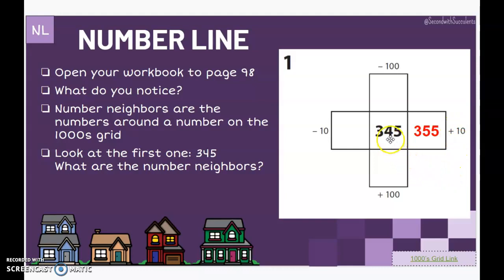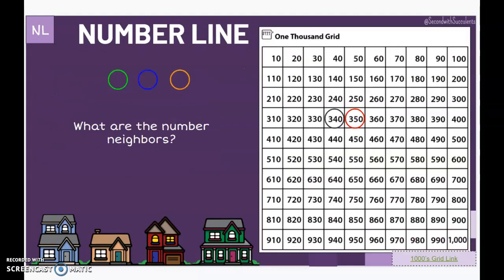Let's try 345 minus 10. Put an idea in your head of what you think that would be. What number would that neighbor be? Let's check on our thousands grid. Now, we know we can't start at 345, but we can start at 340.